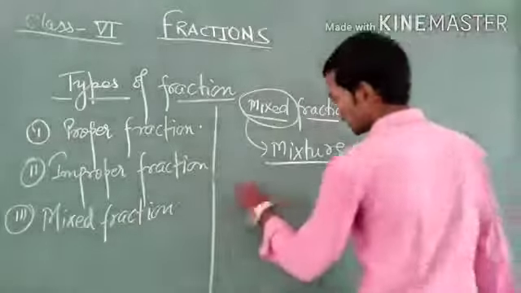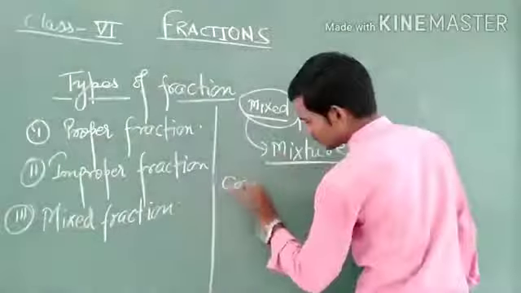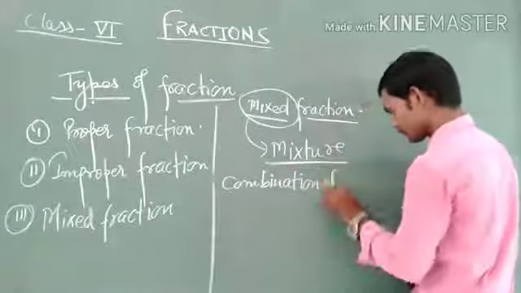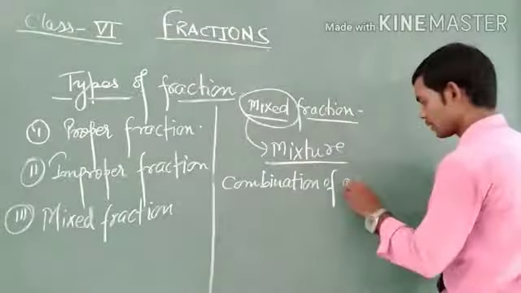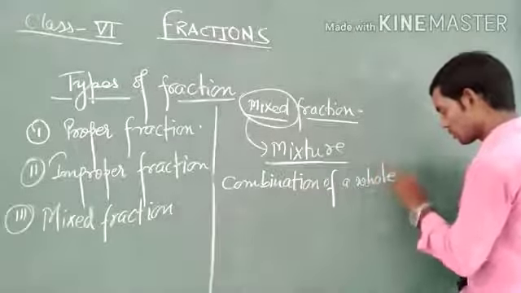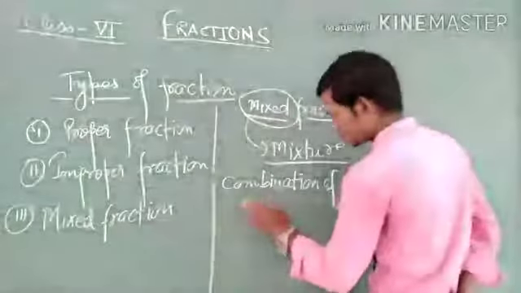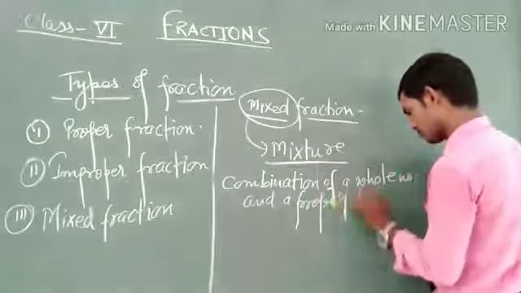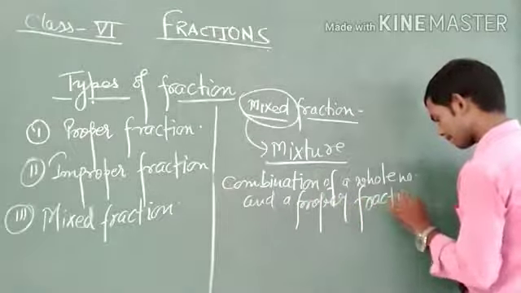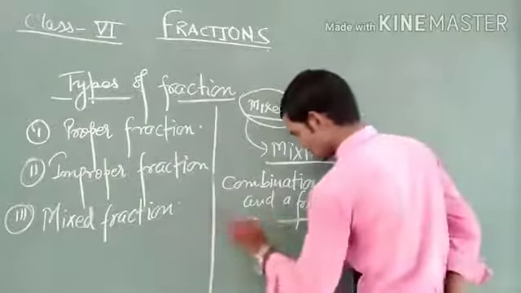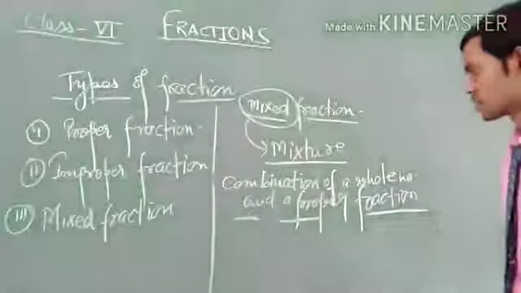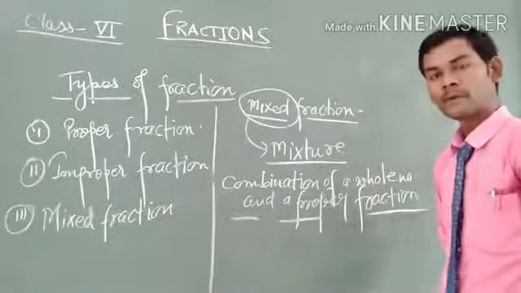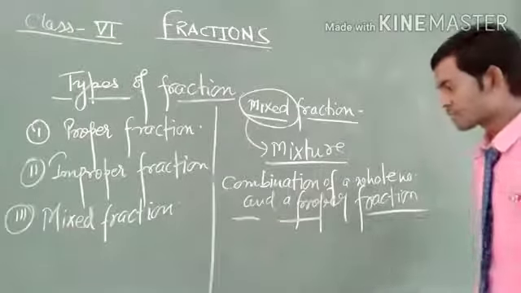So we can say that the mixed fraction is the combination of a whole number and a proper fraction. This is the definition: a combination of a whole number and a proper fraction is known as a mixed fraction.